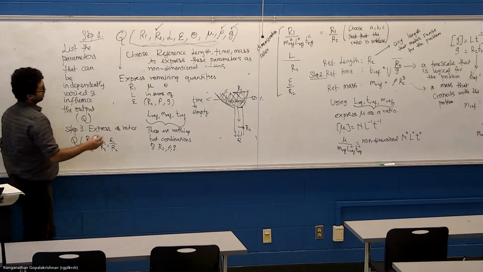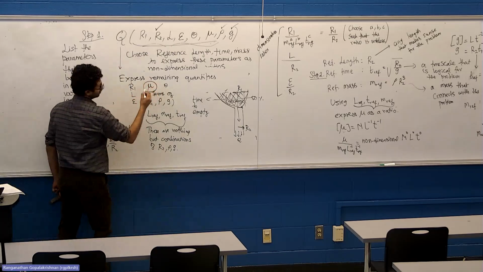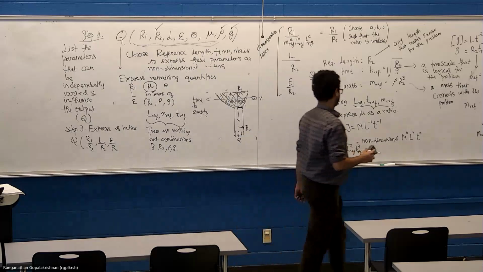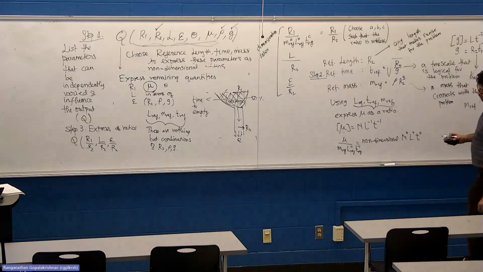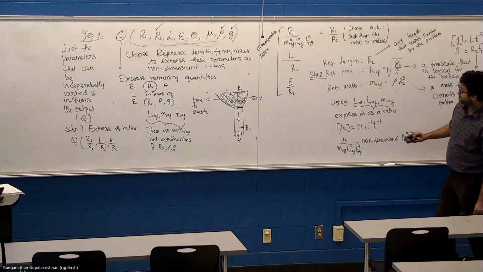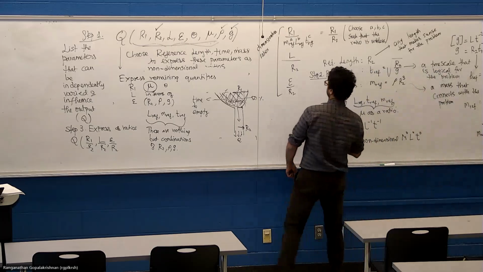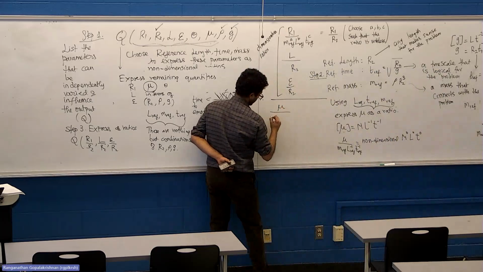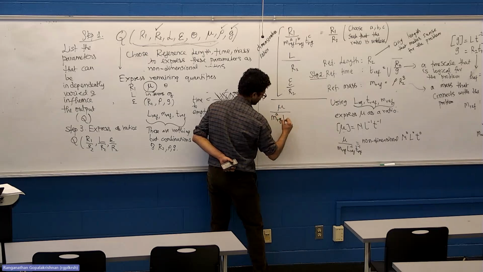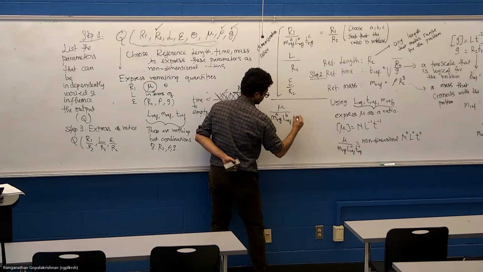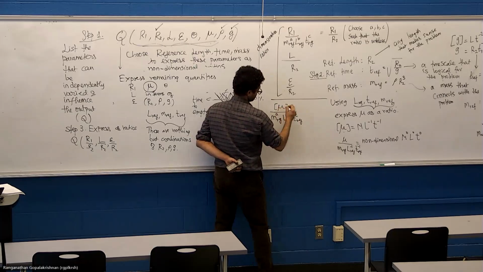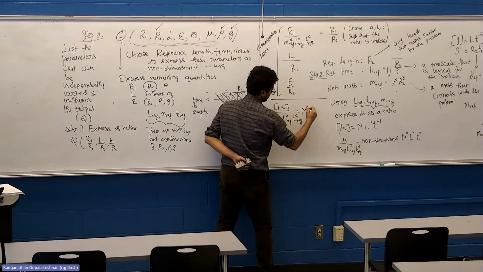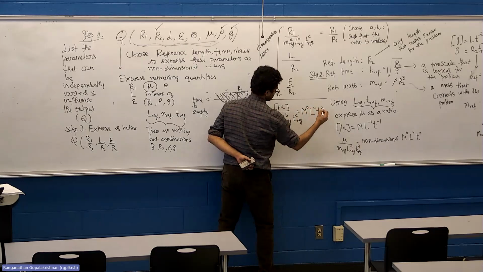Okay. Let's think about mu. Mu divided by m ref to the A, L ref to the B, and T ref to the C. The dimensions of these should be M0, L0, T0.